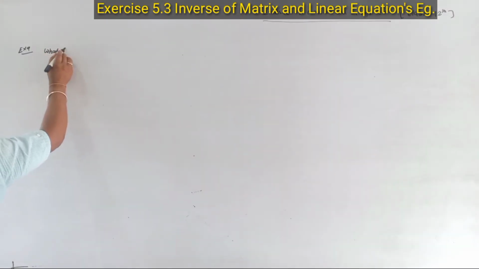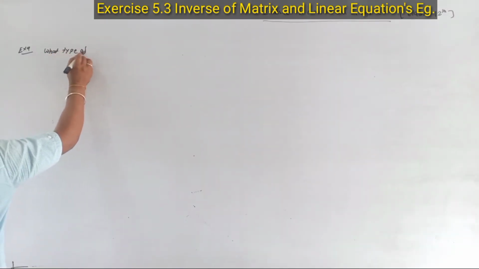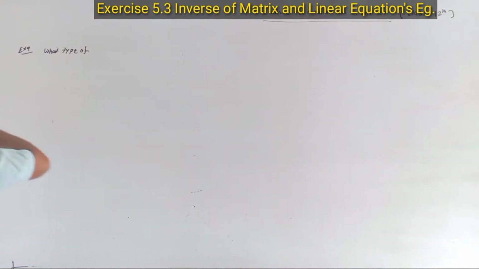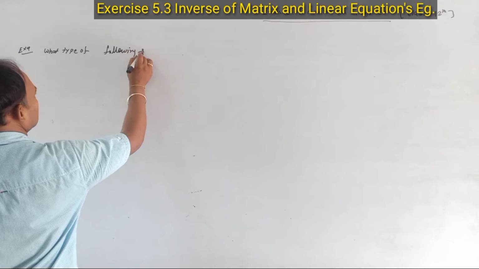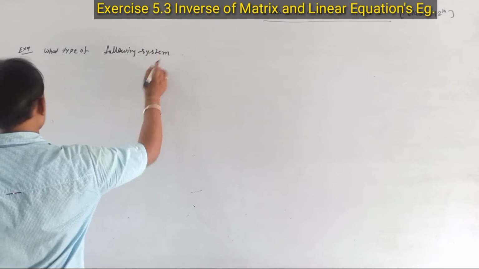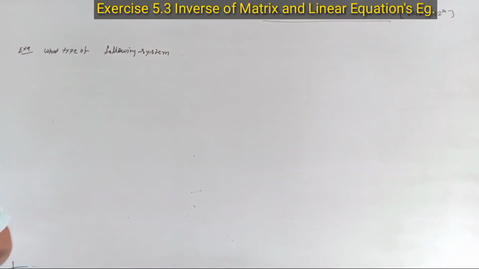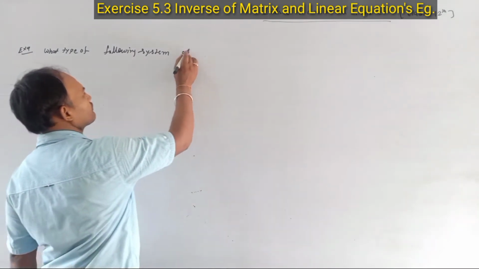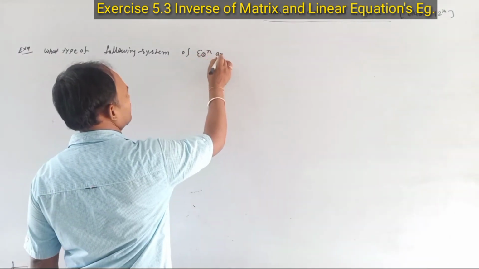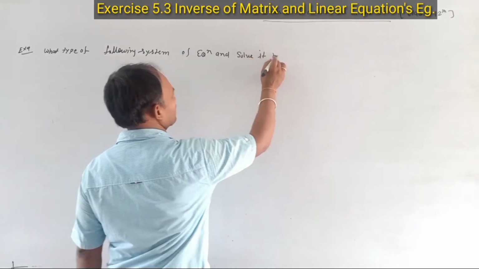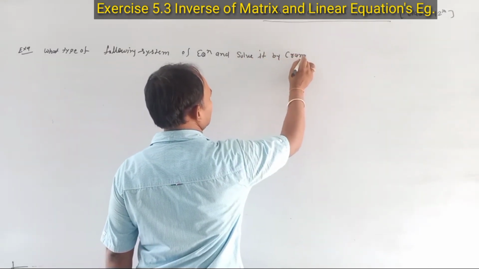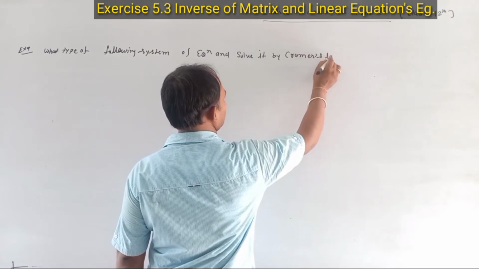What type of following system of equation, and solve it by Cramer's law?